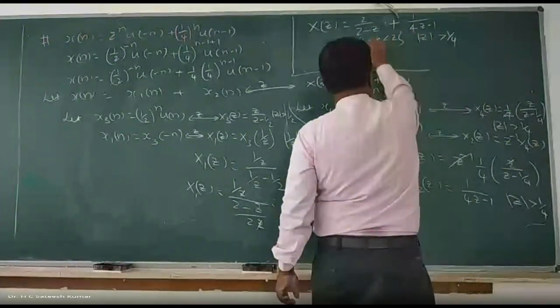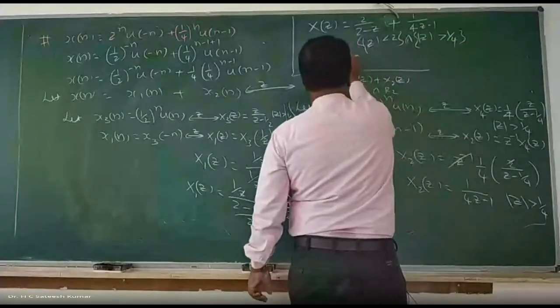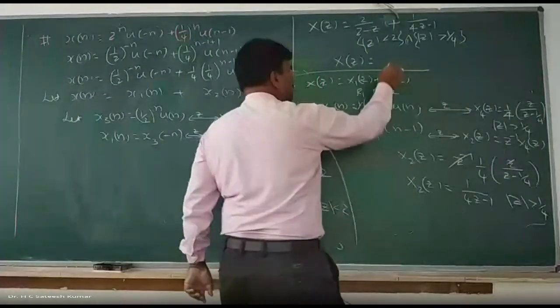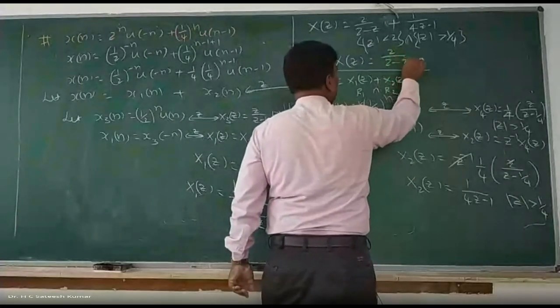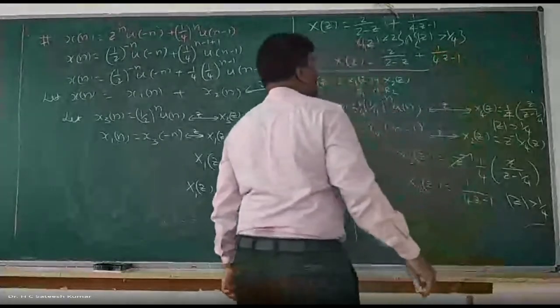By the linearity property, we should take the intersection of these two. Therefore X of z is equal to 2 divided by 2 minus z plus 1 divided by 4z minus 1.